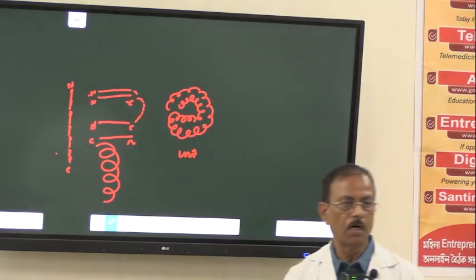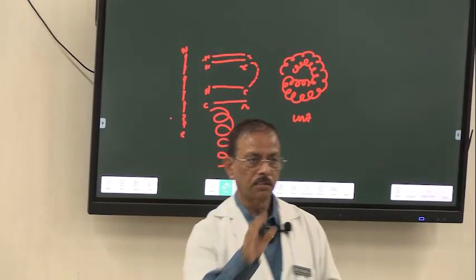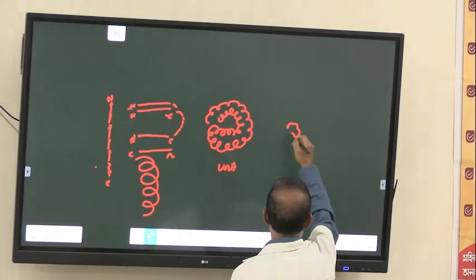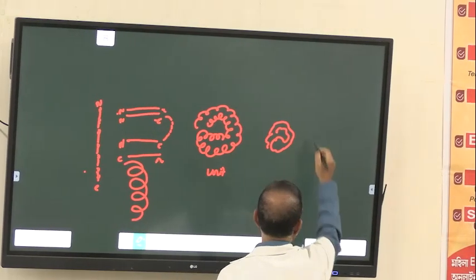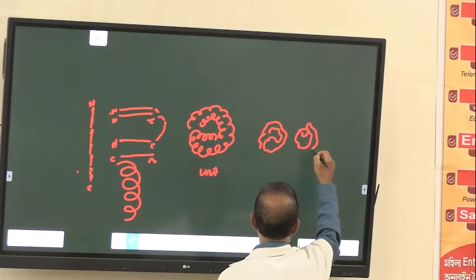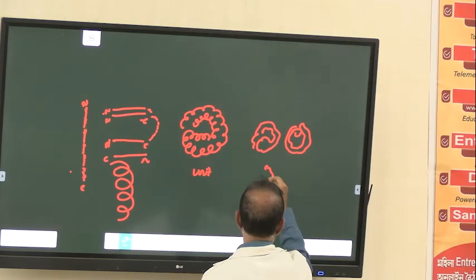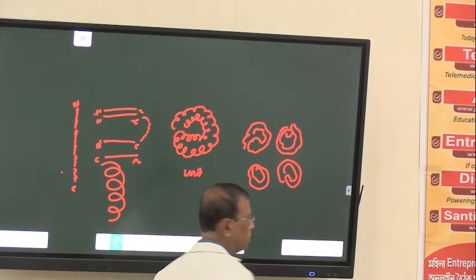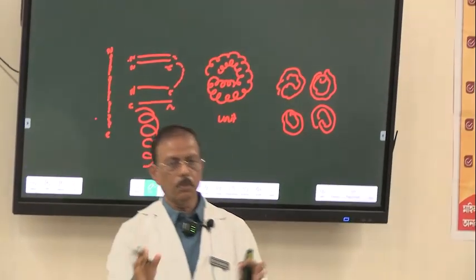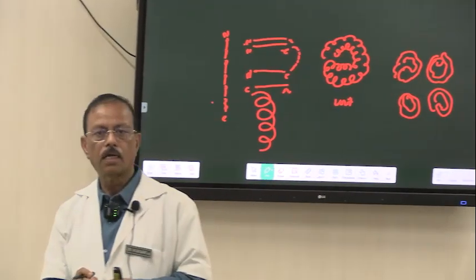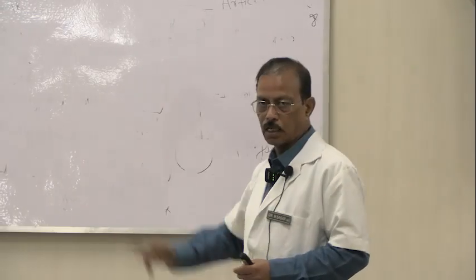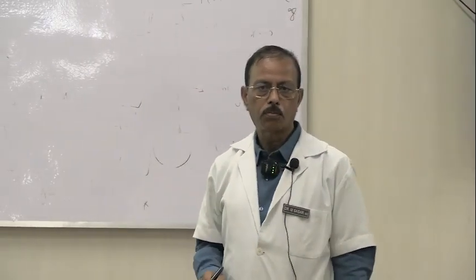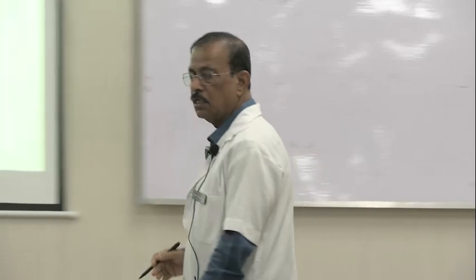I mentioned during transport, aquaporin has 4 subunits. So one subunit, another subunit, like the 4 subunits, they are kept together to form the quaternary structure. If we separate these subunits, then the protein becomes functionally inactive.